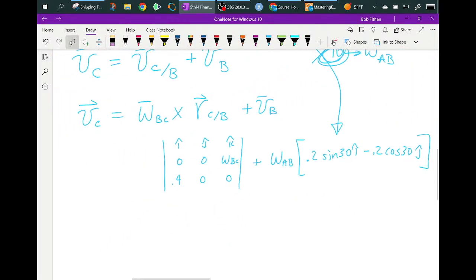If we take a look at this point, you're only going to have a component in the one direction. Okay, hang on.